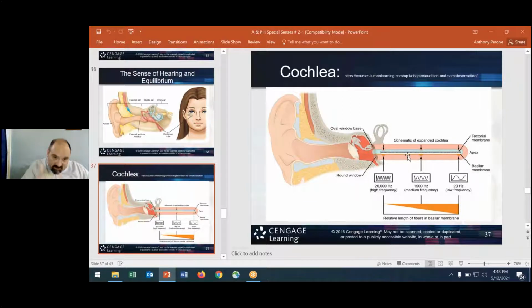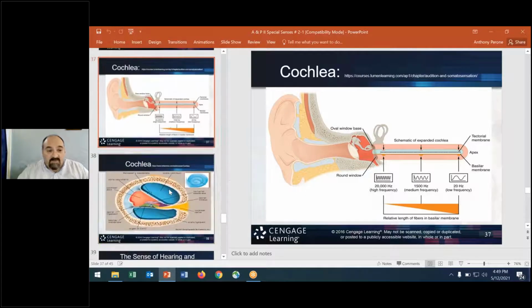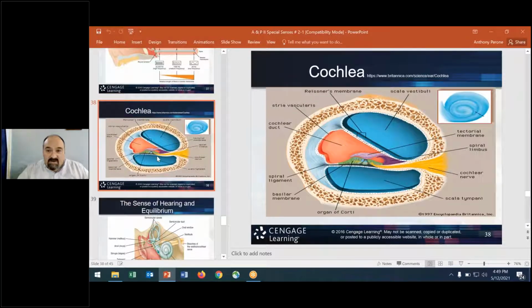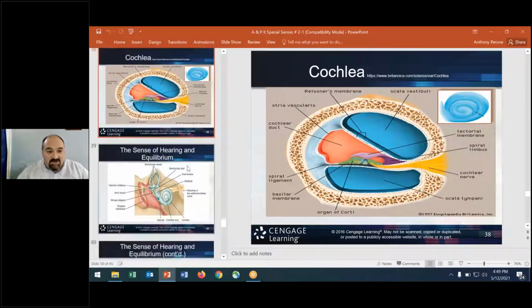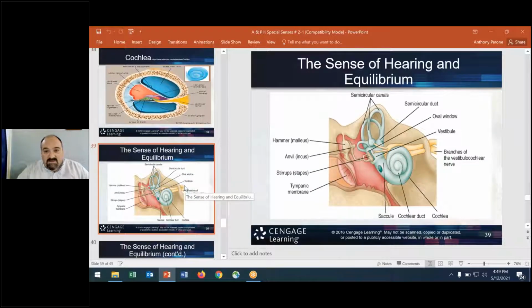We see it curled up, but if you straighten it out, you'd have a better idea of the oval window, the round window, and what's taking place within, where your sense of high pitch and low pitch sound is, affecting the cochlear duct within the cochlea. Good stuff, right? There are other interesting images regarding your sense of balance, equilibrium and hearing.